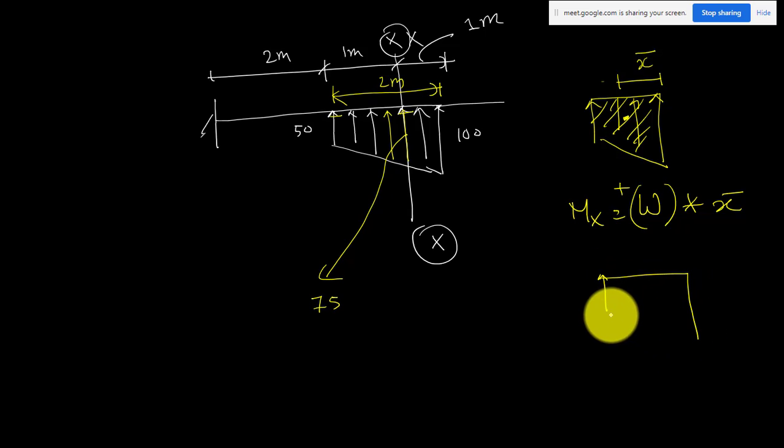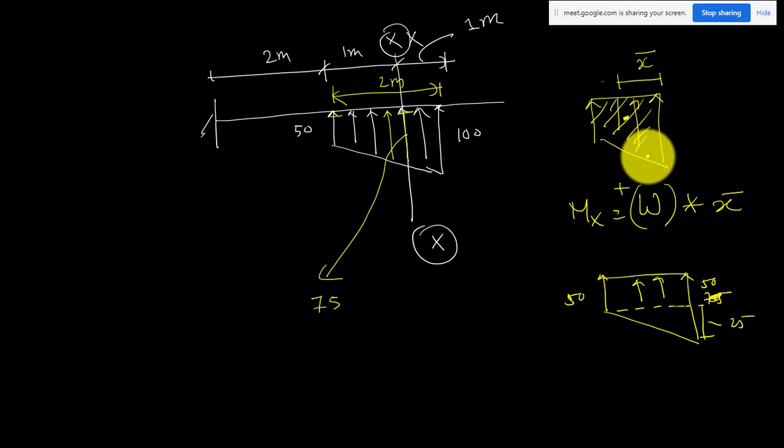The easiest procedure is you take the 75 and 50, and divide it into a triangle and a rectangle. If you divide 75, this will be 50 and this is 25. Now I can easily find the moment at section X. The load is 50, the distance is 1 meter.